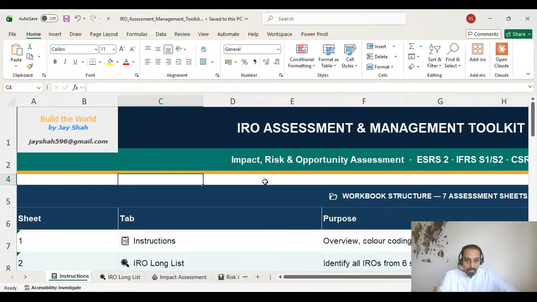So yeah, in the IRO assessment, you can see the overall sheet. In sheet one, the instructions are full with a color coding key, workbook structure, guide, and 6 steps that quick start your process with clear instructions for each sheet.